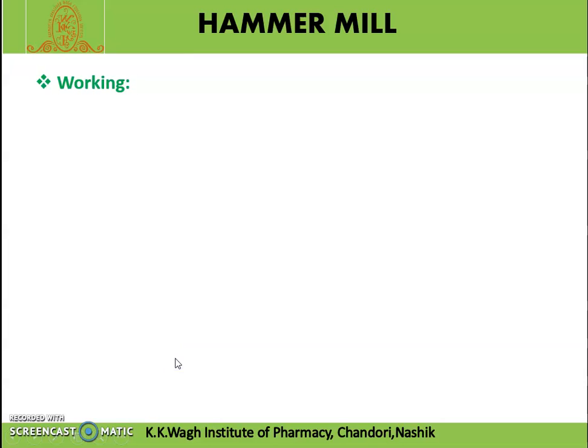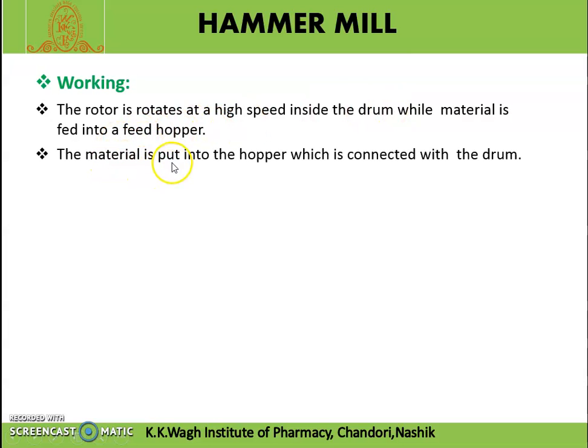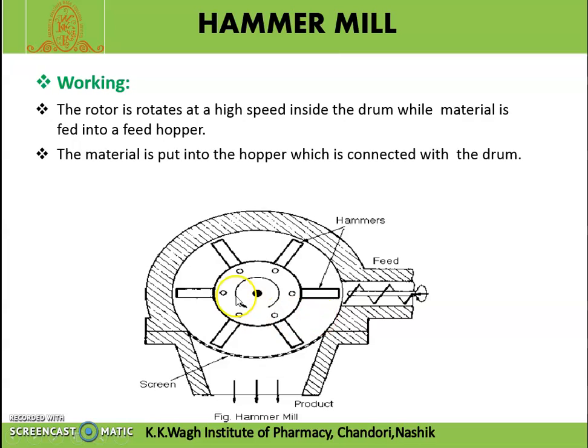Let's see the working. In the working of the hammer mill, the rotor is rotated at high speed. We can see the different speeds inside the drum while the material is fed into the hopper. The material is put into the hopper, which is connected with the drum. This is the diagrammatic representation of the hammer mill.